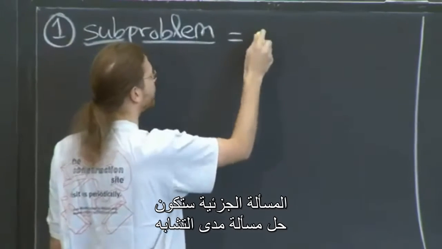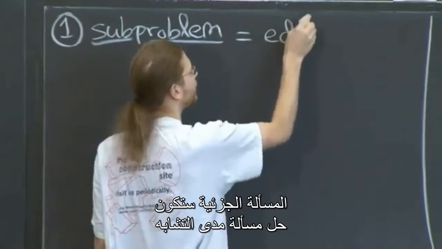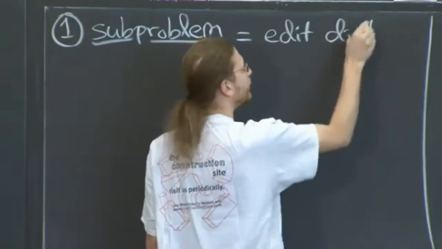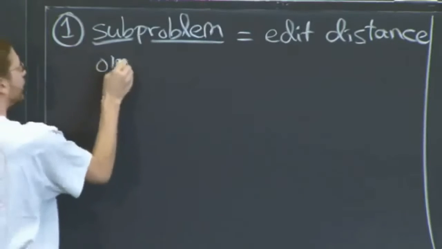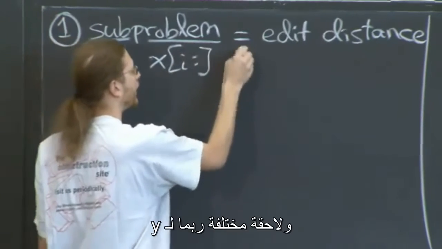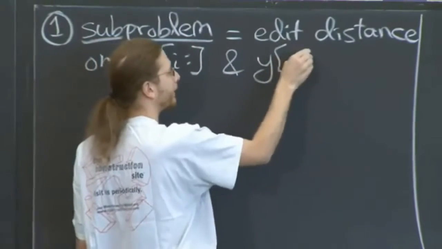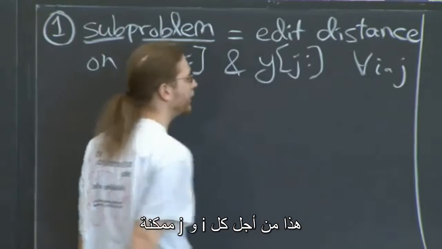So the subproblem is going to be: solve the edit distance problem on two different strings, a suffix of x and a possibly different suffix of y. Okay, this is for all possible i and j choices.